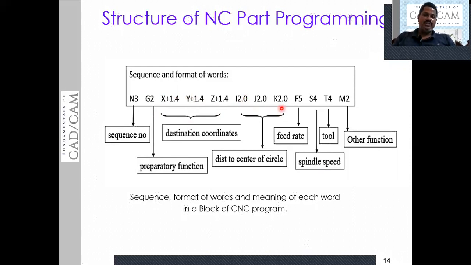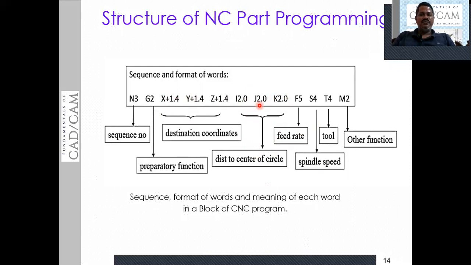Suppose your tool is moving in a circular path; in that case we need to specify the center coordinates of the tool, and we are going to use IJK words or codes.